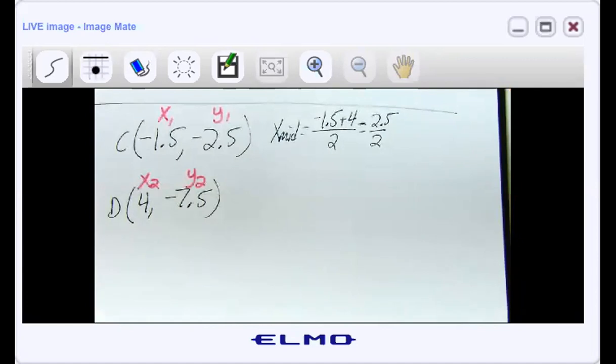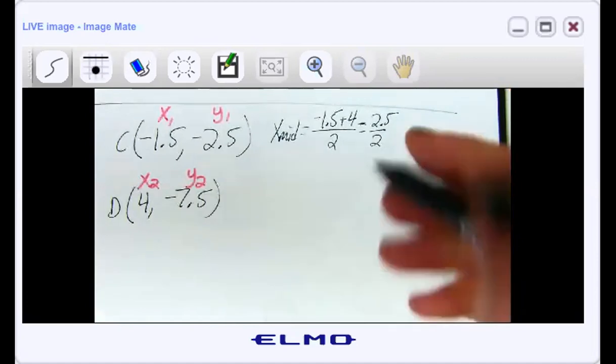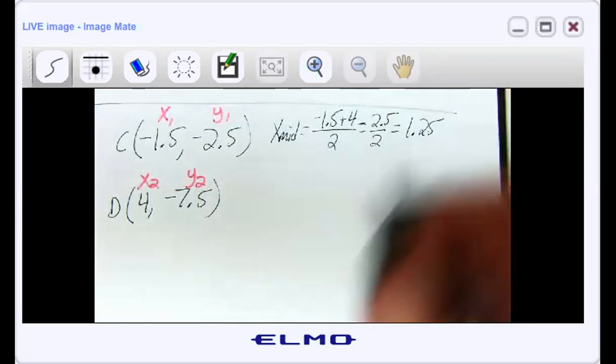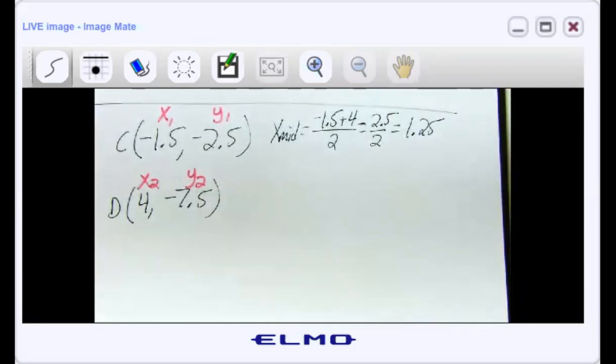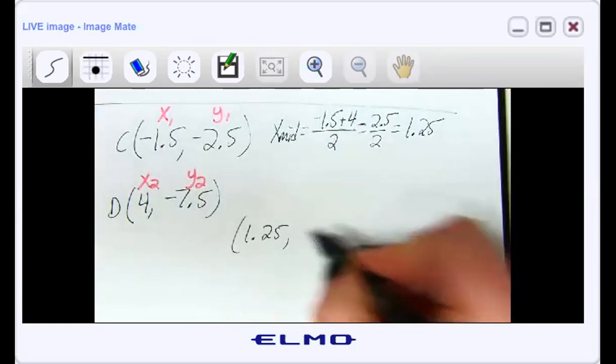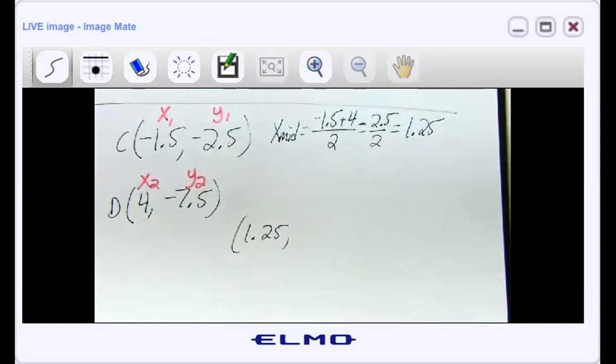So I'm just going to divide by 2, and I get 1.25. So that's the x coordinate of my midpoint. So I know it's going to be at 1.25 comma something. I just don't know the something yet.